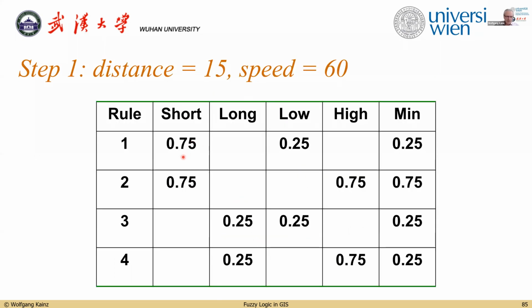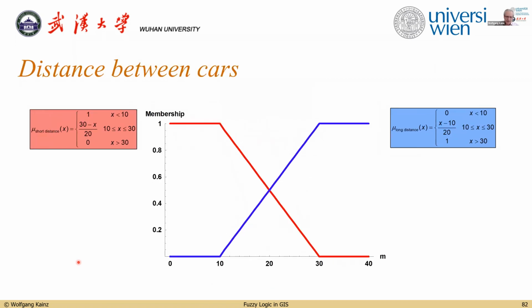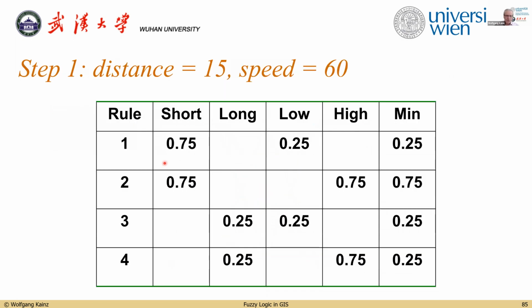So in fact, short distance, I was looking at the wrong one. Short distance is here. There's the red line, and 15. Then we are here, somewhere at this point, and that is a value of 0.75. So for short distance, we get a membership value of 0.75, and for speed 60 at low speed, we get a membership value of 0.25.